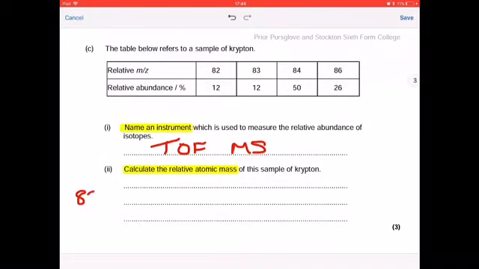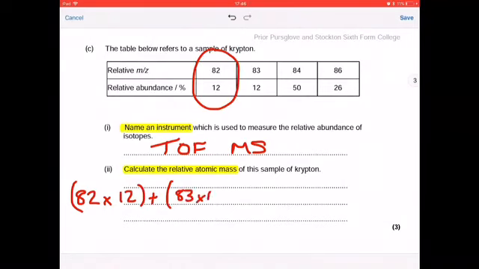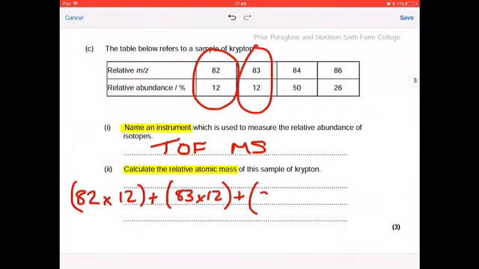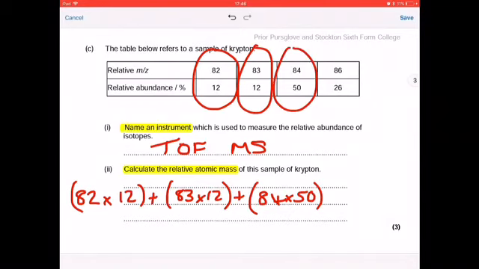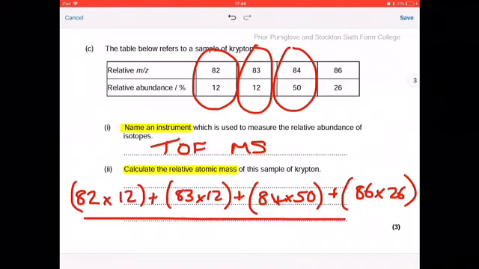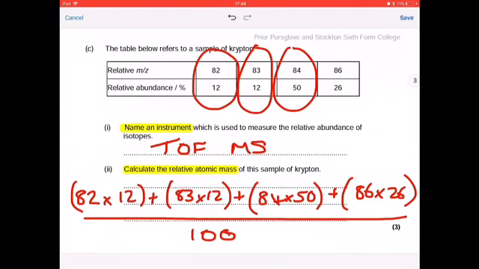So you're looking at 82 times 12, which is this column of data here, plus 83 times 12, this column of data, plus 84 times 50, plus 86 times 26. And if you divide all of that by the sum total of parts, which in this case is 100, that will give you the answer. So that's the method for that question there.